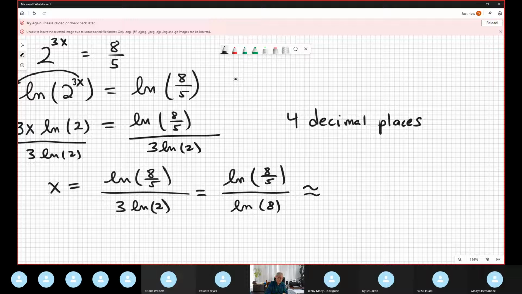The parentheses close the argument of the top logarithm, divided by ln again of 8. Okay, and now I want no exact answer, I want approximation. Approximation using 4 decimal places, who helps me?